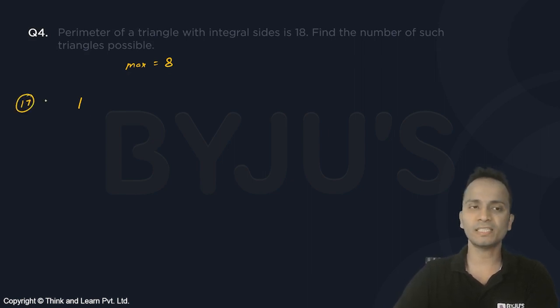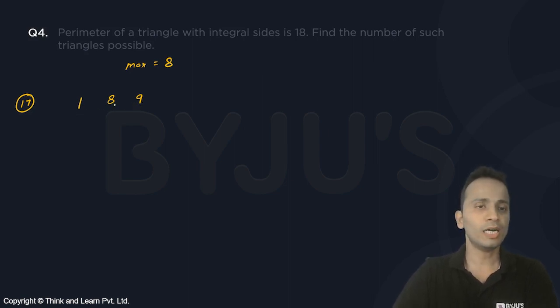Okay, 17 is left. Now, if 17 is divided as close as possible, I can get 8 and 9. Now, 8 and 9, first of all, it is not satisfying this property where it says that the maximum length will be 8. Also, it is not satisfying that the sum of any two sides will be greater than the third side.